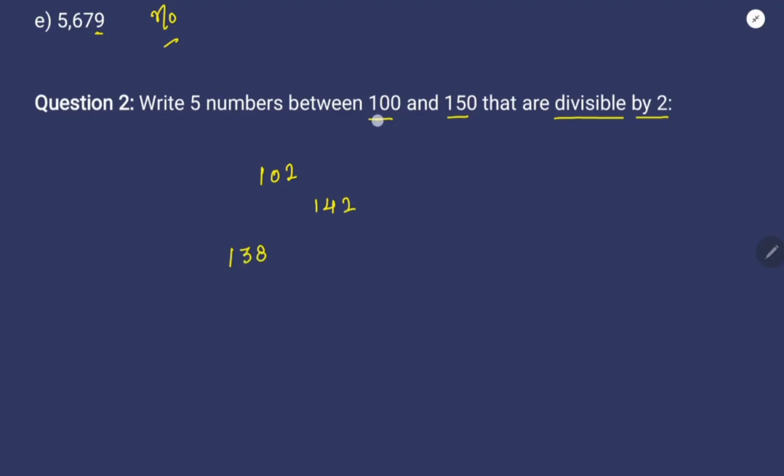I just need to write any number that ends with 2 or 4, or 6 or 8 or 0. So I just wrote these 6 numbers. You can also write many numbers, right?